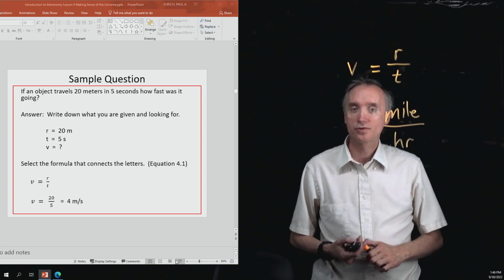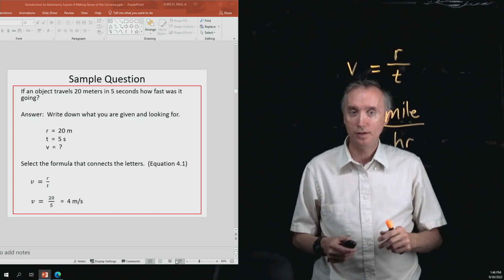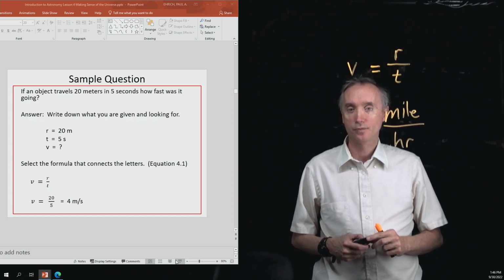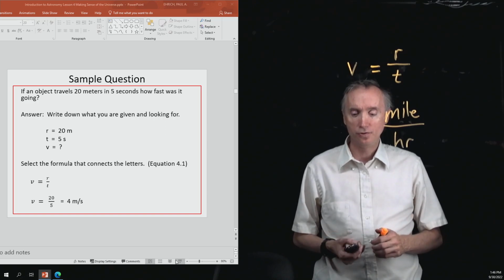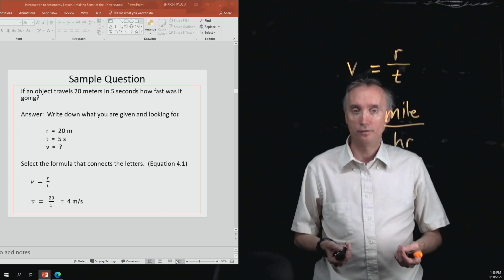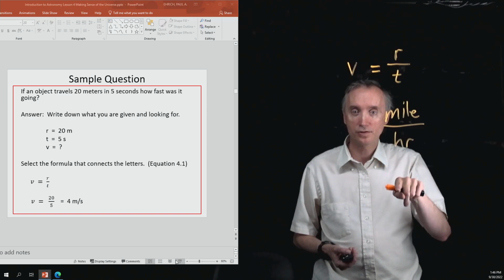If an object travels for 20 meters in 5 seconds, how fast was it going? So whenever you do a word problem, always write down what you're given and what you're looking for. So it says up there 20 meters.